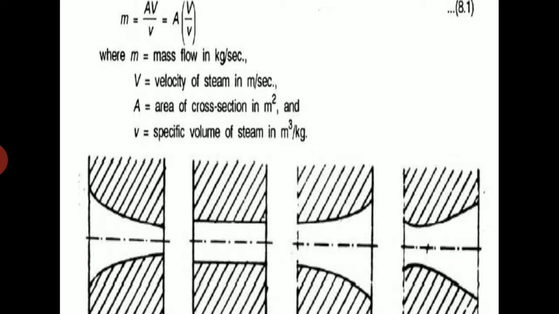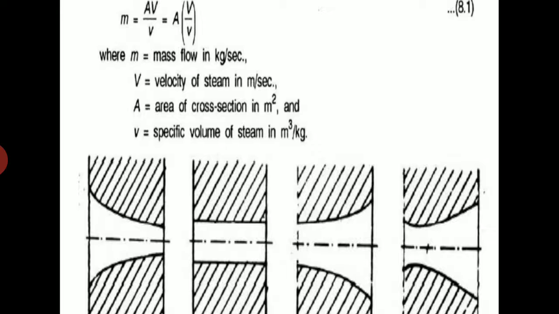Here velocity by specific volume decreases with drop in pressure, that is, specific volume increases at a faster rate than velocity with drop in pressure. So the area of cross section should be increased as the pressure decreases. That is what happens in the case of figure C.